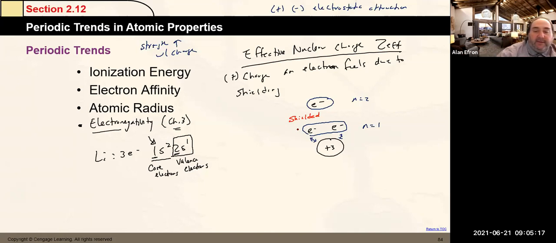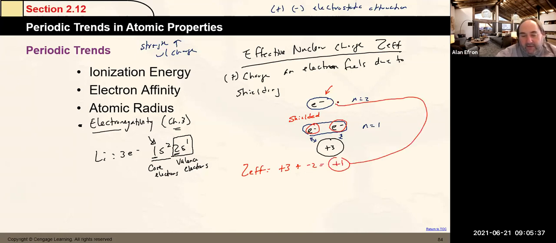You can calculate the charge this electron out here is feeling by calculating the Z effective. We take the positive charge of the nucleus and add the charge of the shielding electrons: -1 and -1 is -2. That electron out here is actually only feeling a +1 attraction.